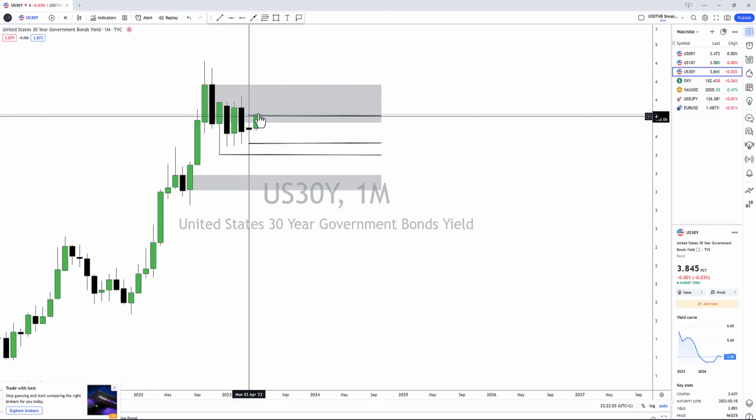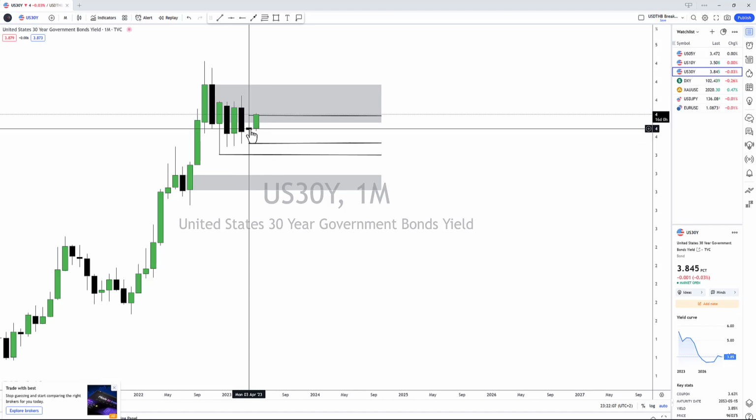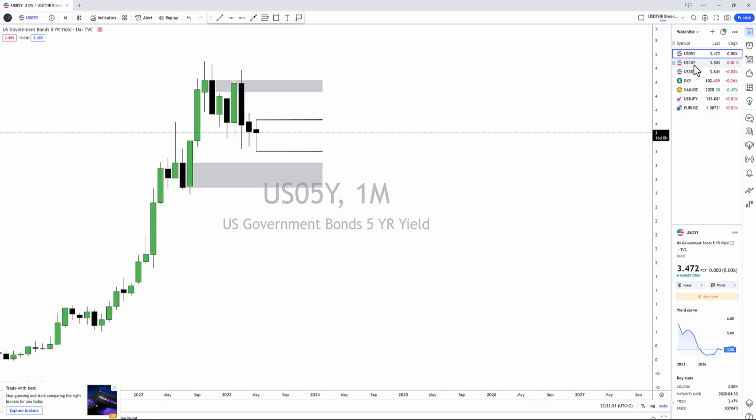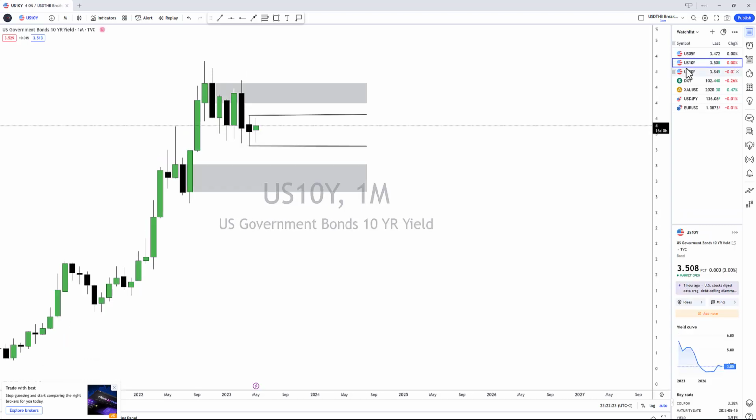So I'm expecting the current run on April high as a liquidation of internal range liquidity of buy stops, right? That's on the 30-year yield. We don't have that on the 5-year. We don't have that on the 10-year yields, right?